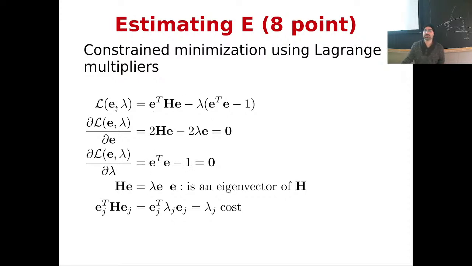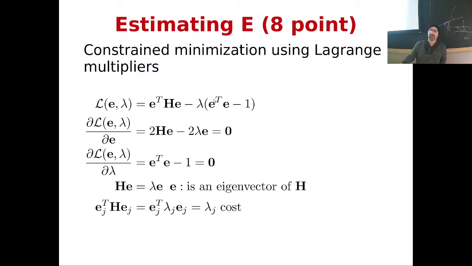So, to do this, you calculate the so-called Lagrangian, which is defined as the function to be minimized minus lambda times the constraint, where the constraint should be an expression equal to 0. So if we want E transpose E equal to 1, we have to write the constraint in the form E transpose E minus 1 equals 0. Okay, guys?